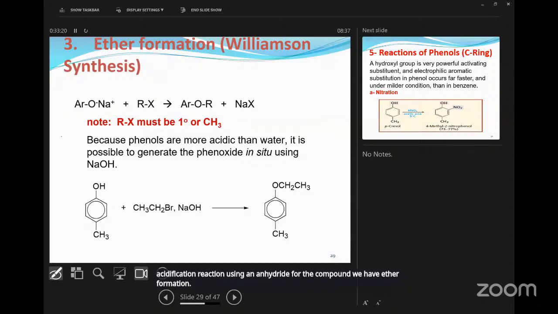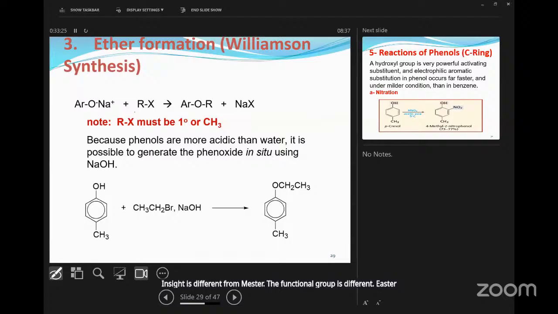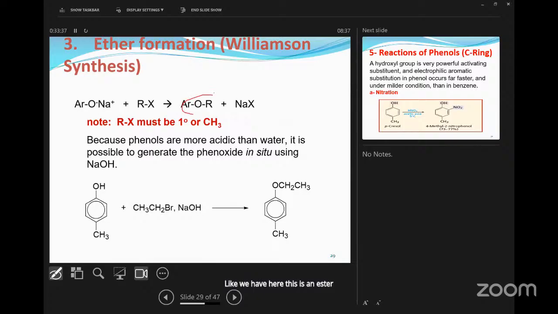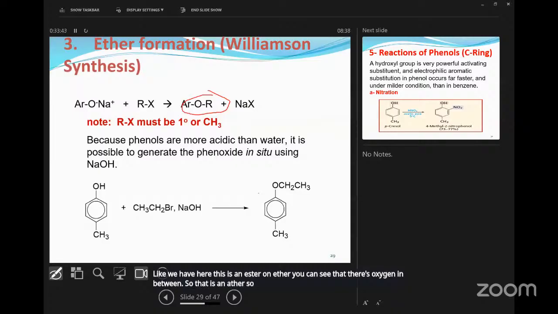Ether is different from ester. The functional group is different. Ether is when there is oxygen in between two alkyl groups or two aryl groups, like we have here. This is an ether. You can see that there's oxygen in between. So phenol can be used to form an ether. In the presence of an alkyl halide and an alkali, this is the ether.